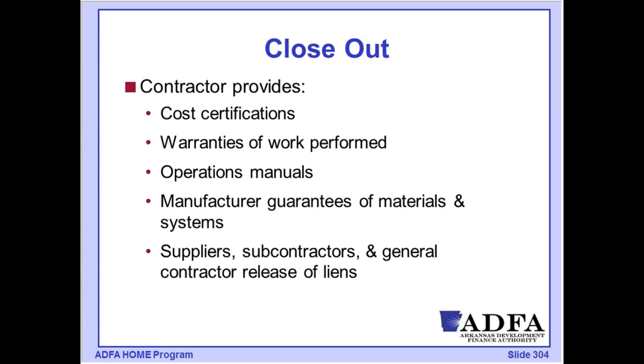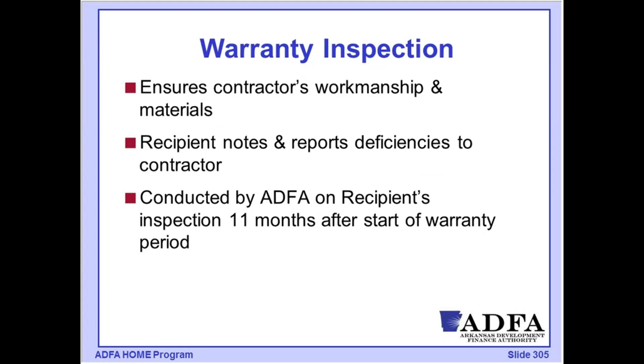And then, of course, the release of liens will need to be in place for all of our suppliers, subcontractors, and the general contractor, so that before we release any of our retainage, we know that all of those financial liabilities for that project have been resolved.